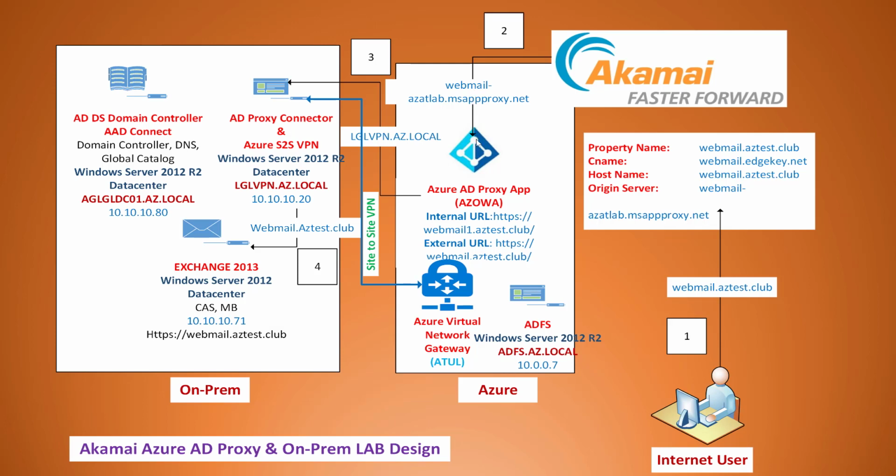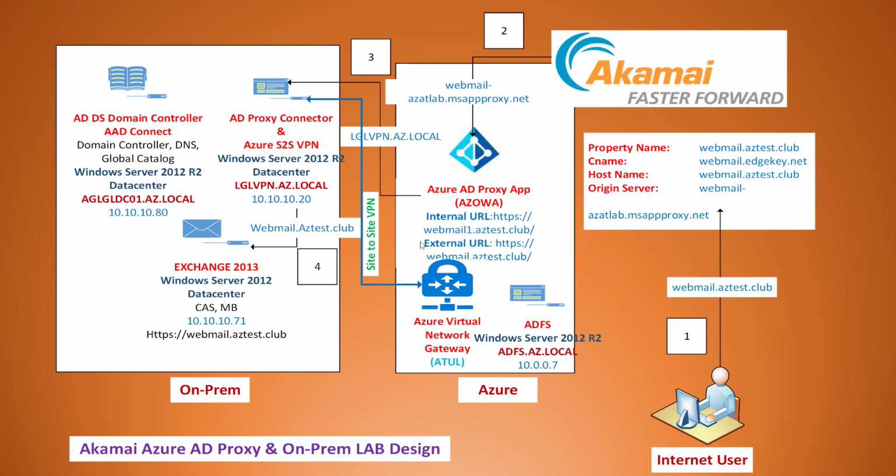It comes in here. Azure AD App Proxy looks into, what is my connector group? What is the connector being used by this app? The connector is this LGL VPN. What is the URL that I need to use for the internal URL? Webmail1.aztest.club. And for the external URL, https webmail.aztest.club.